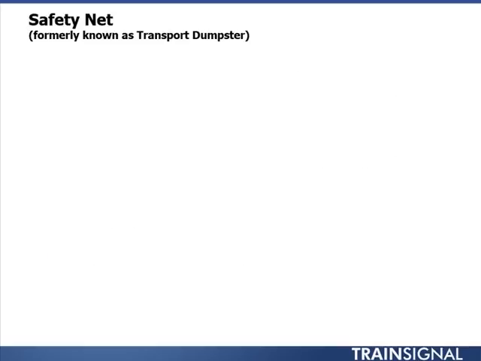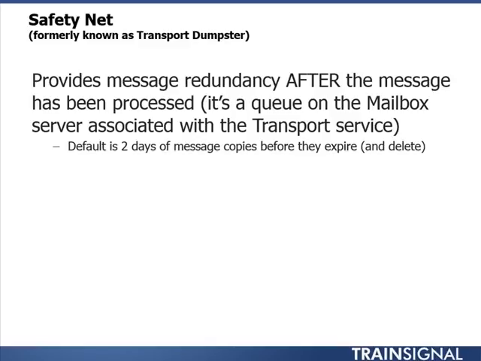Okay, so let's switch gears a little bit and talk about Safety Net, formerly known as Transport Dumpster. What this does is it provides message redundancy after the message has been processed. It's a queue on the mailbox server that's associated with the transport service. The default retention time for those messages is 2 days, so it keeps message copies until they expire and are deleted.